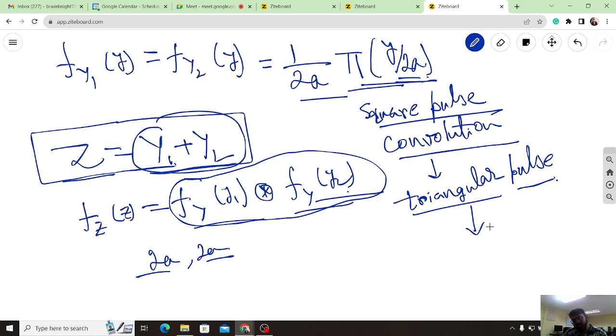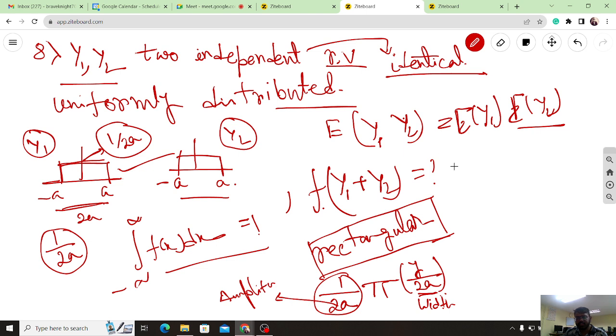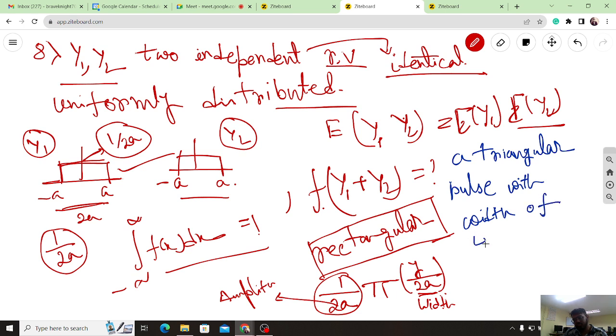So the triangular pulse will have a width of 4a. So the density nature will be a triangular pulse with width of 4a.